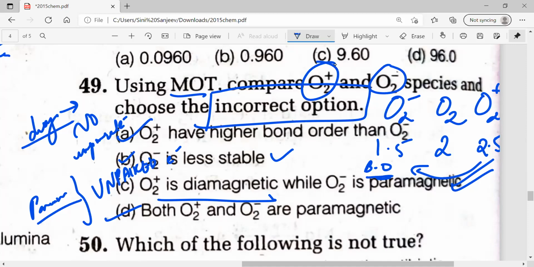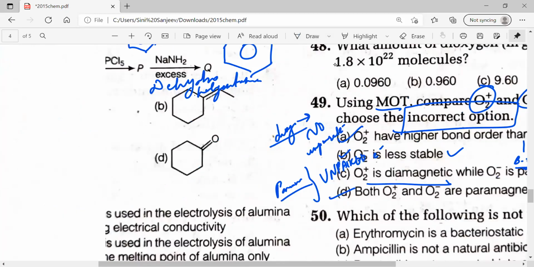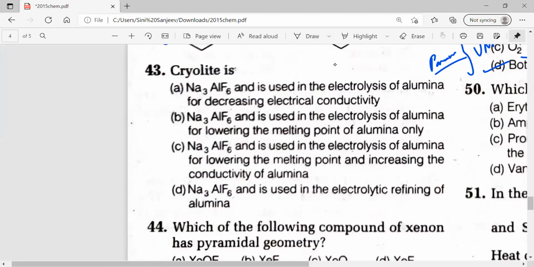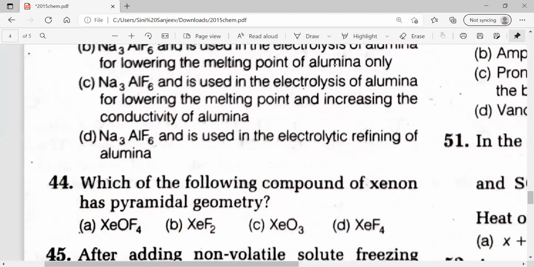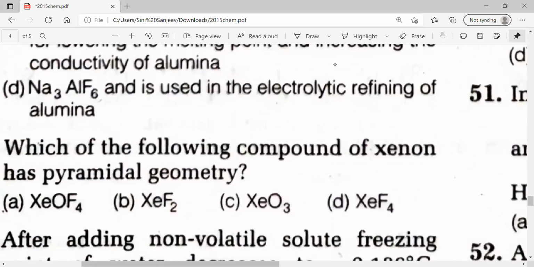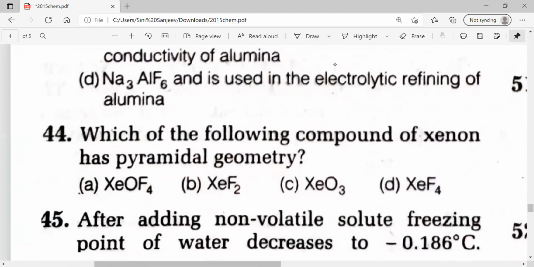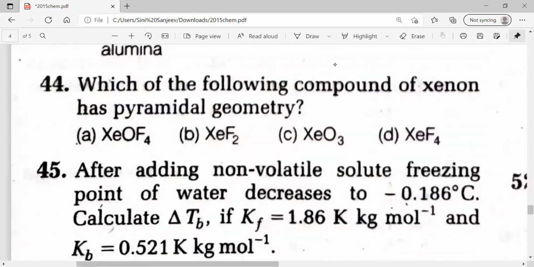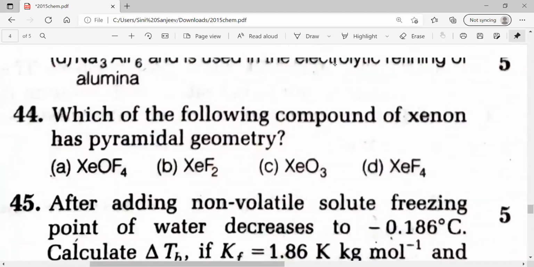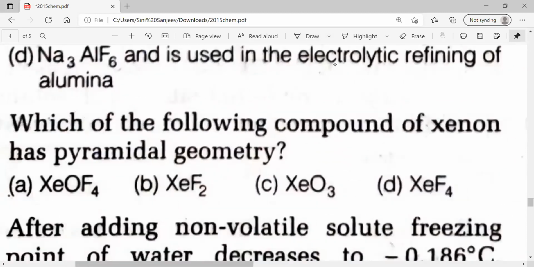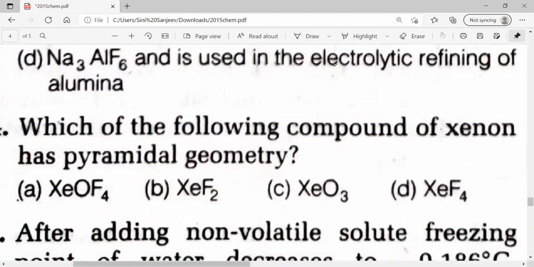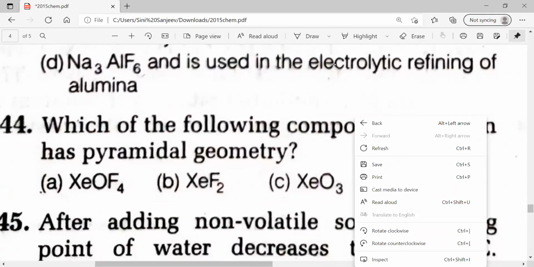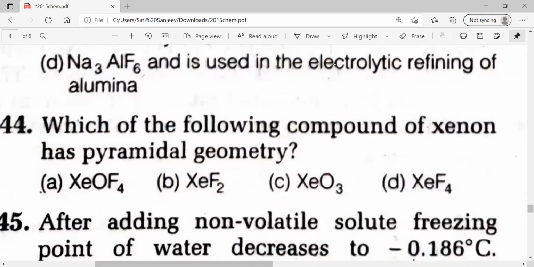Let me go to the 44th question. This is again related to the chemical bonding chapter. 44th question: which of the following compounds of xenon has pyramidal geometry?